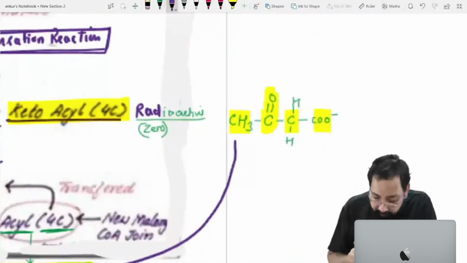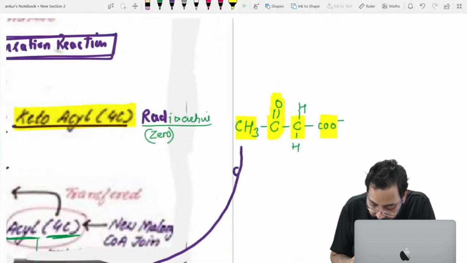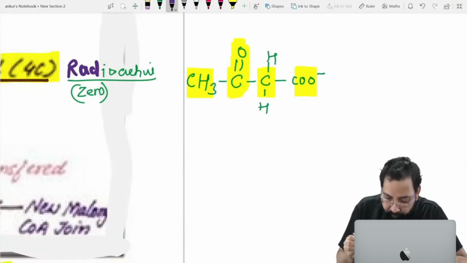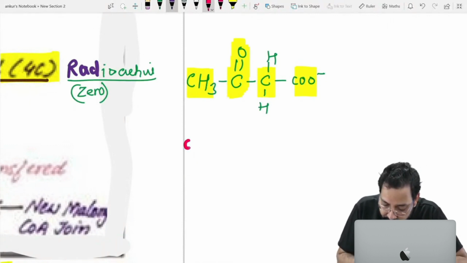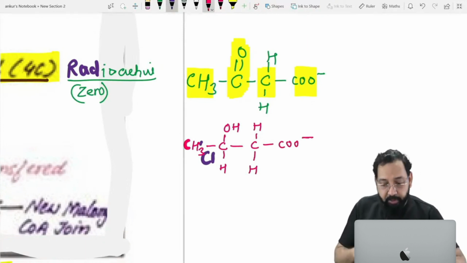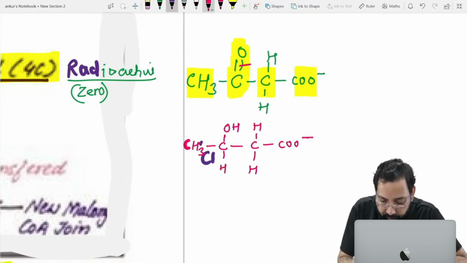Reductase will join two hydrogens, and it will form CH3, CH(OH), CH2, COO minus. This means I joined two hydrogens: I cut this bond and join hydrogen, join hydrogen. Clear?